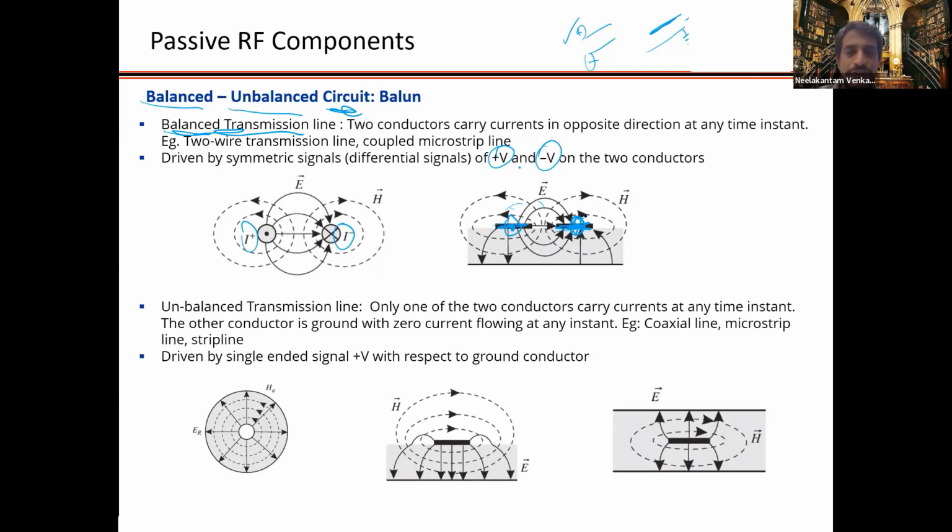An unbalanced one, on the other hand, is single-ended. That means it has a plus which becomes a minus at some other time instant. But while it is a plus, there is nothing as a minus somewhere else. Or while it is a minus, there is nothing called a plus somewhere else. Instead, it is always either plus or minus with respect to a ground conductor, which is always at 0 volts.